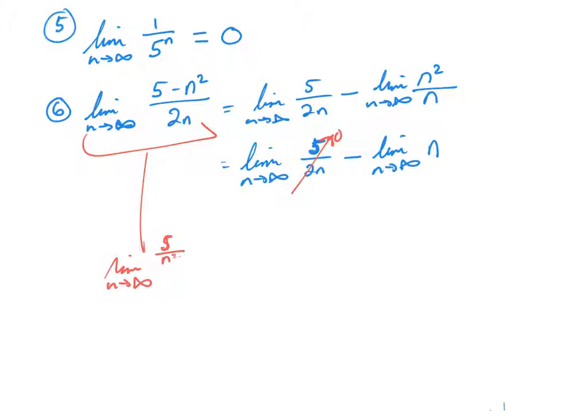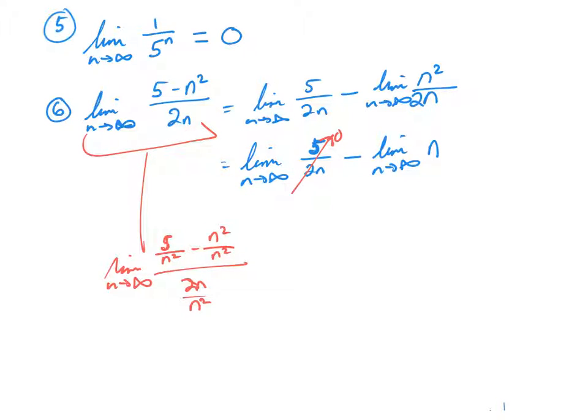It's supposed to be over 2n. They're both over 2n, because I'm splitting this fraction and just expanding it. So 5 over 2n minus n squared over 2n.